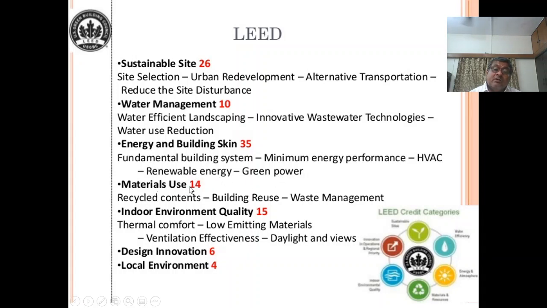Then material use 14 score: recycled content, building reuse and waste management. Indoor environment quality score is 15: thermal comfort, low emitting materials, ventilation effectiveness, daylight and views. Then design innovation score is 6 and local environment score is 4.